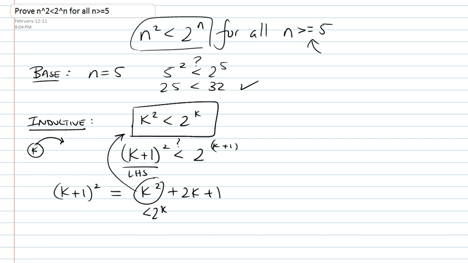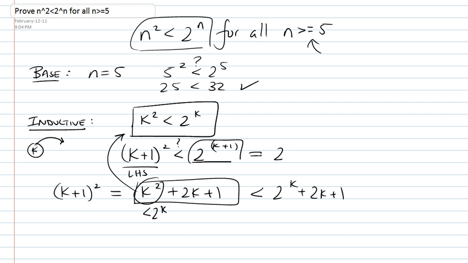So this entire thing will be less than 2 to the k plus 2k plus 1. And the right-hand side is basically 2 to the k times 2, or 2 to the k plus 2 to the k. So 2 times 2 to the k, right?